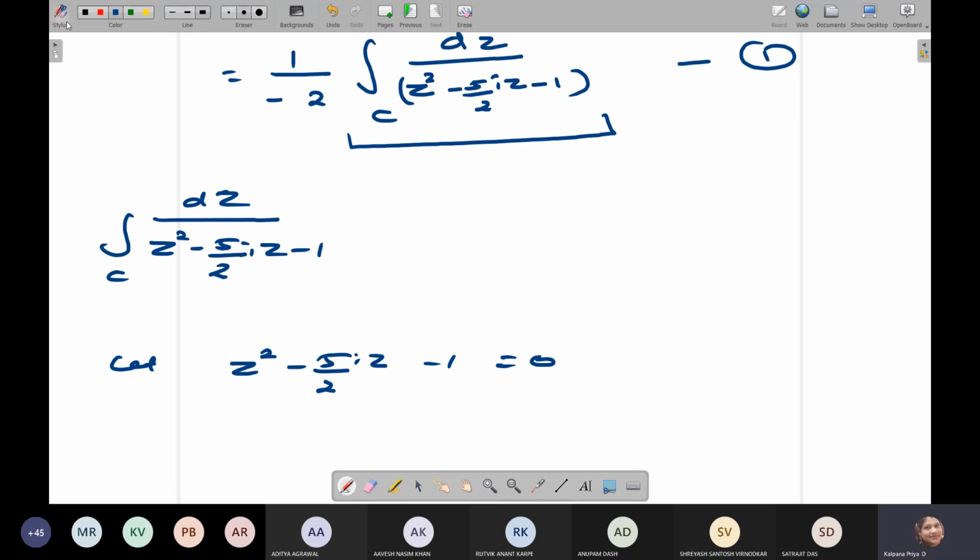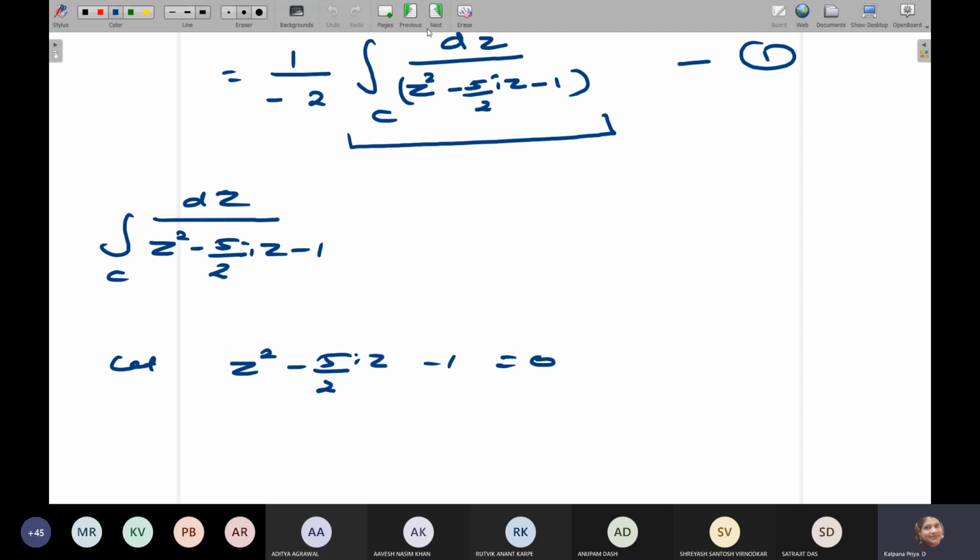Okay. So z equals, plus, have it as a fraction. Z equals 5 by 2i plus or minus root of 25 by 4 minus b squared. Okay, so 5i by 2.